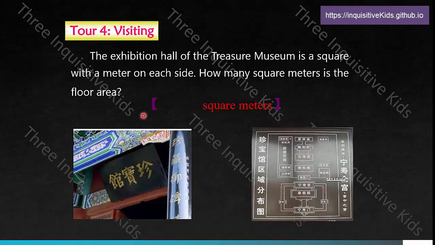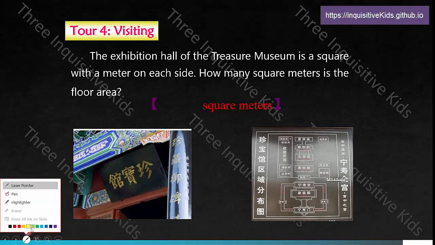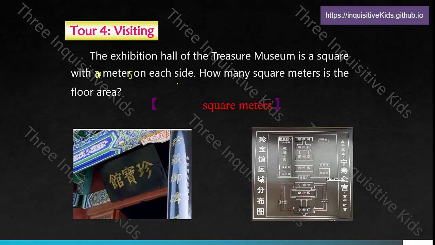Tour 4, visiting, continued. The exhibition hall of the Treasure Museum is a square with a meters on each side. How many square meters is the floor area? So please note that it's a square with a meters on each side.